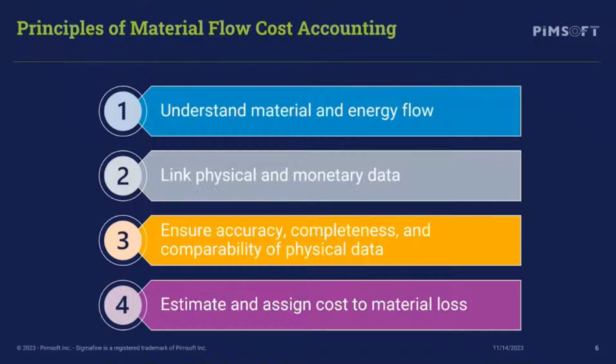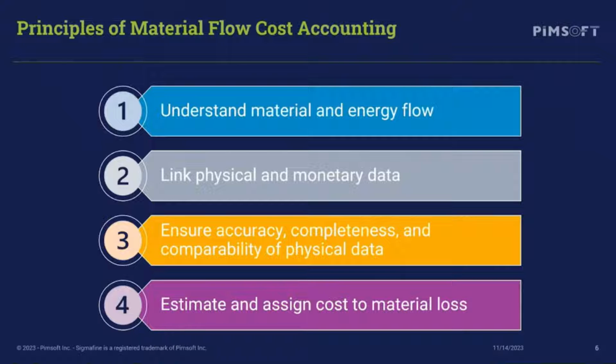MFCA requires that all data be verified and all inputs and outputs be identified and quantified. It is recommended that all data be converted to a common unit of measure. Using accurate and complete data is critical to identify the cause and source of any gap between inputs and outputs.